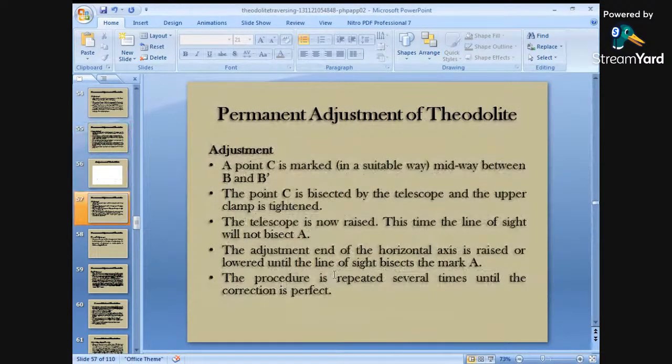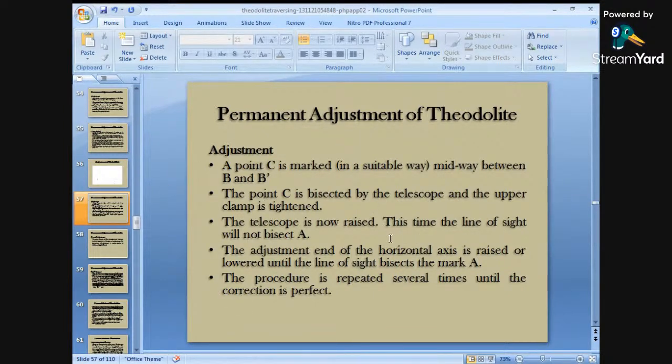After that, the point C is bisected by the telescope and the upper clamp has been tightened. Now the telescope is raised.